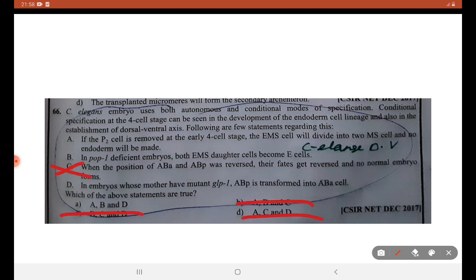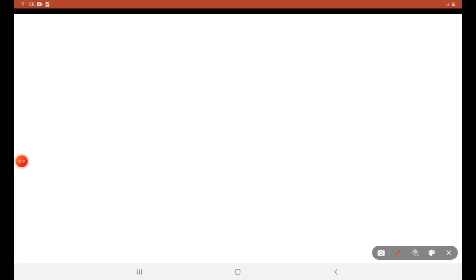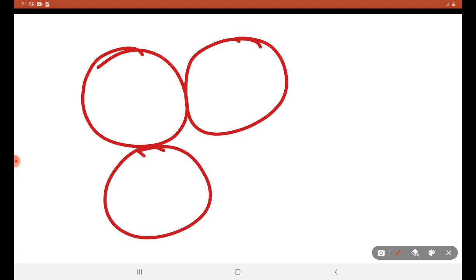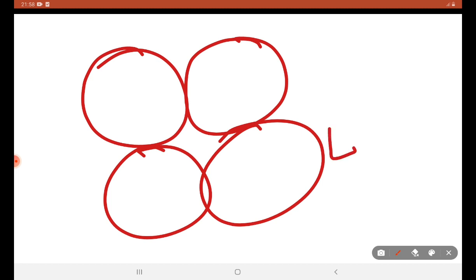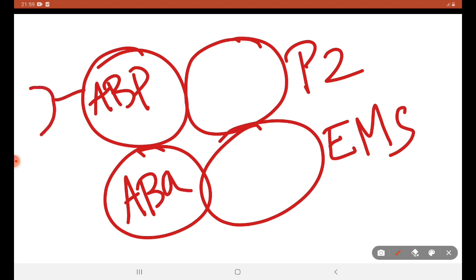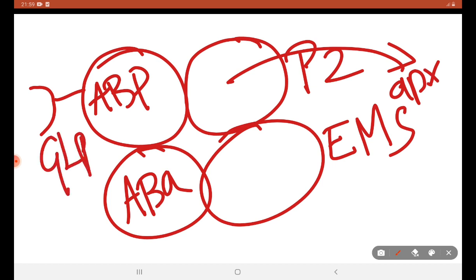So we will understand this concept of ABA and ABP. Consider this: ABA, ABP, P2, EMS. The P2 will give rise to APX, which will have GLP1.